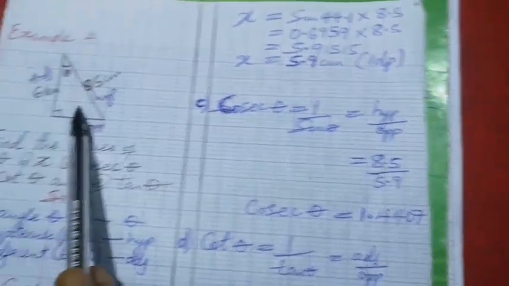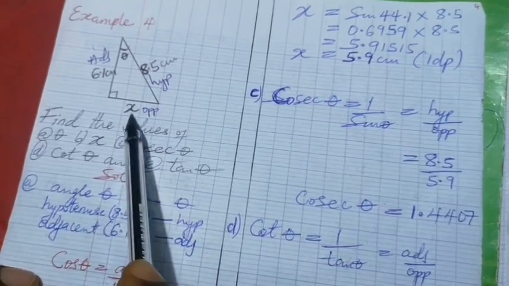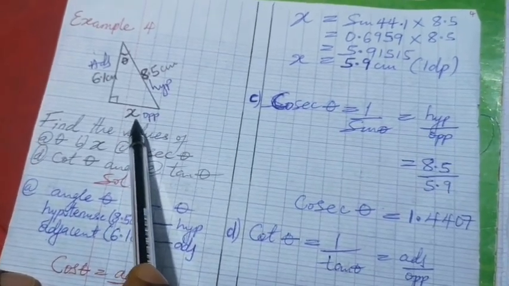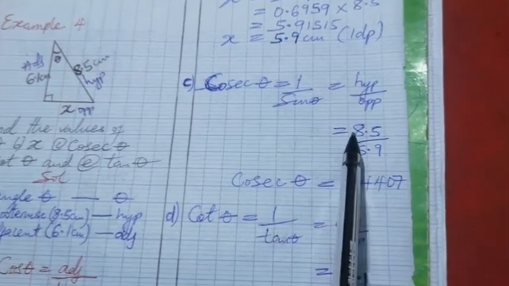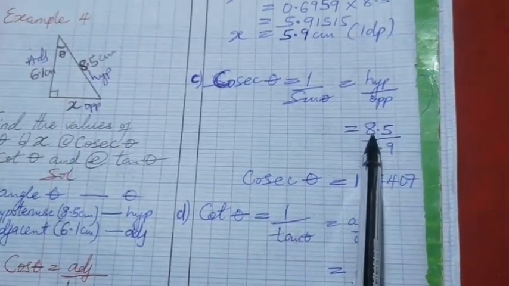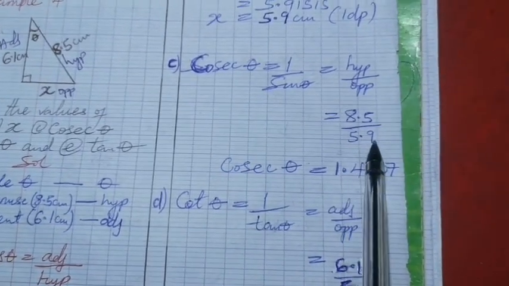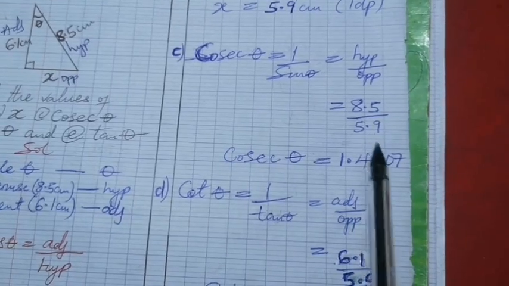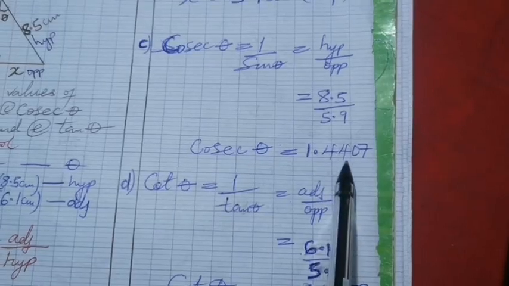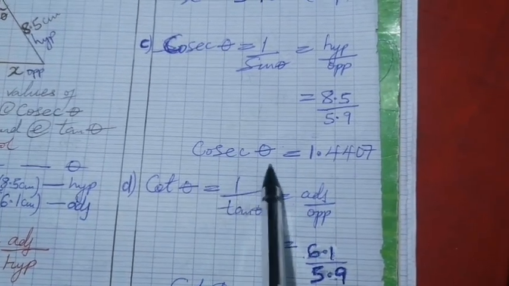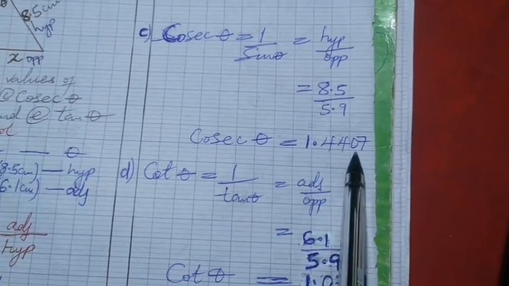And from our diagram here, our hypotenuse is 8.5 and we have found our opposite to be 5.9. Okay, so that means that here we have hypotenuse 8.5 all over 5.9, which is our opposite. Okay, so if you now divide this, you will have 1.4407. That is our cosec theta. Okay, they say we should find cosec theta, so that is our final answer there.